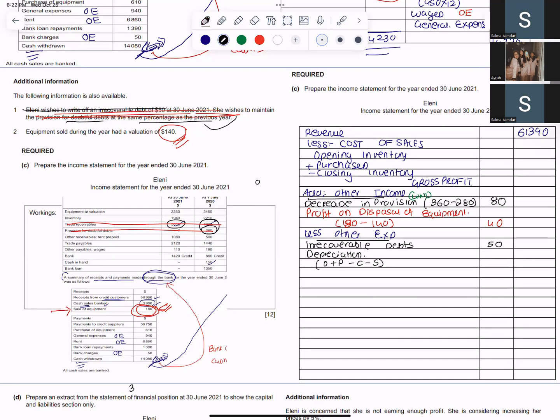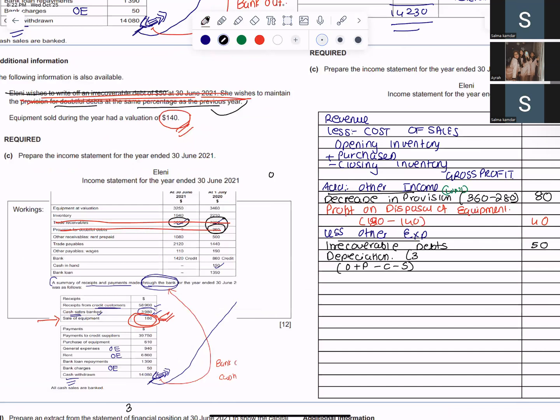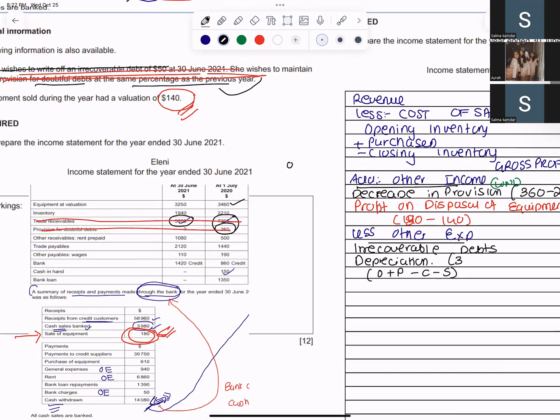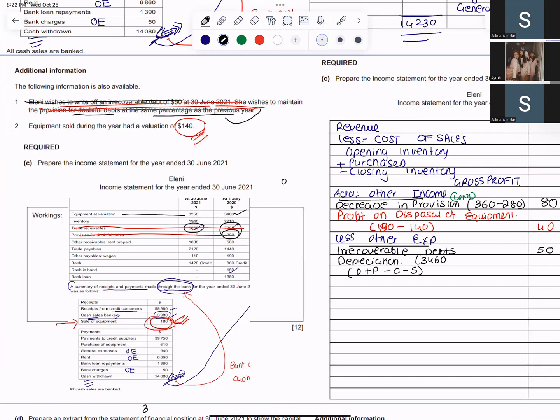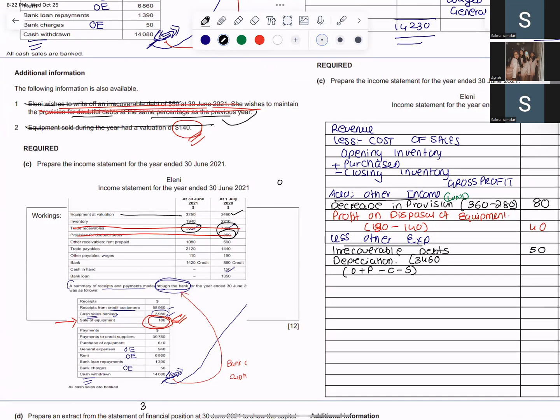So what is the opening valuation of equipment? It's here. 3460. Have you purchased any equipment?